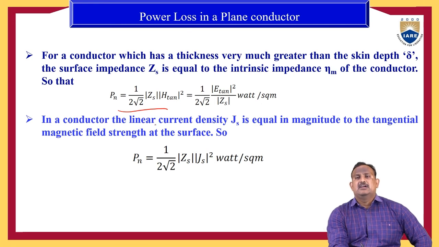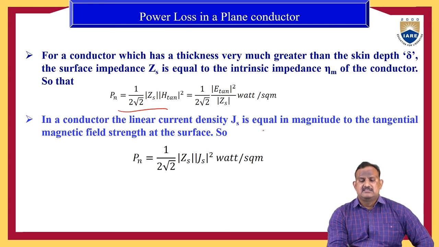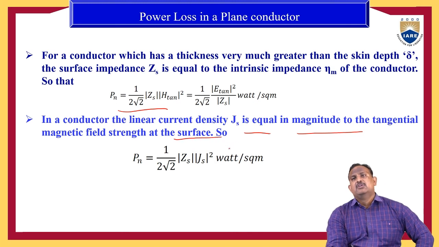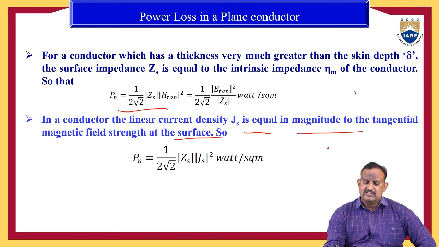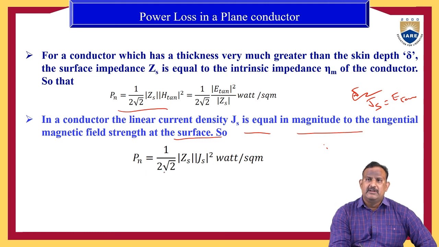In the conductor, the linear current density Js is equal in magnitude to the tangential magnetic field strength at that surface. Therefore Js is equal to H tan. The normalized power is equal to 1 by 2 root 2 into mod Zs into mod Js square watts per square meter.